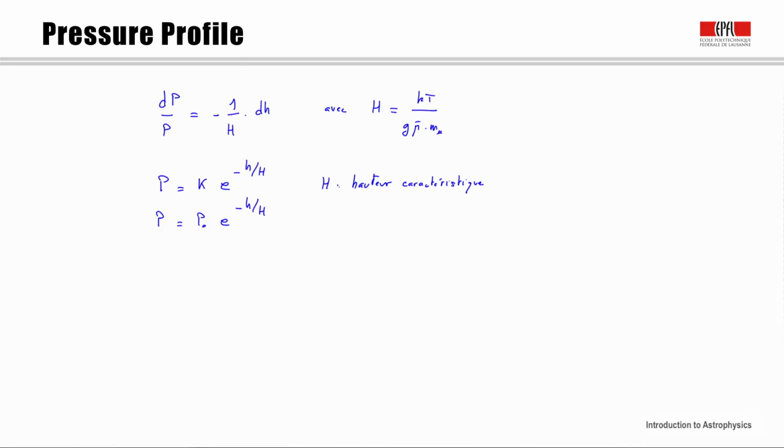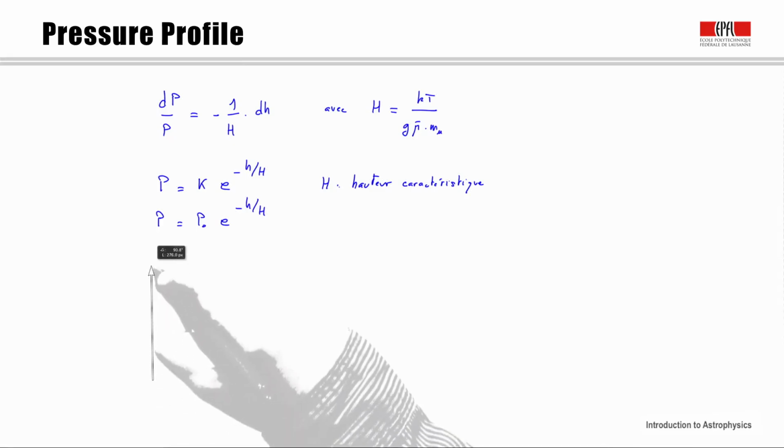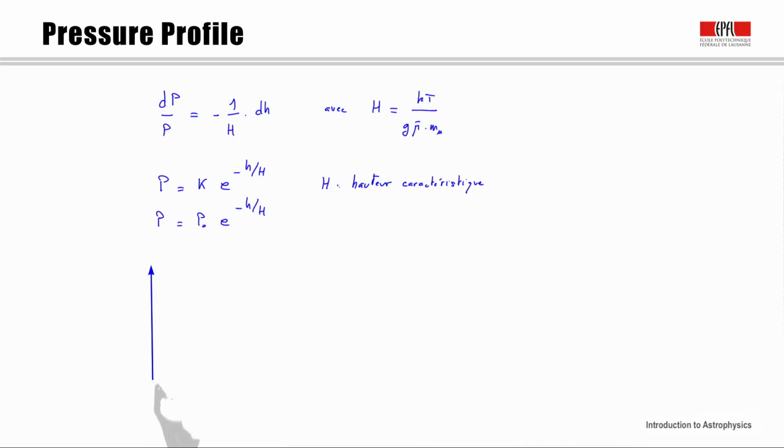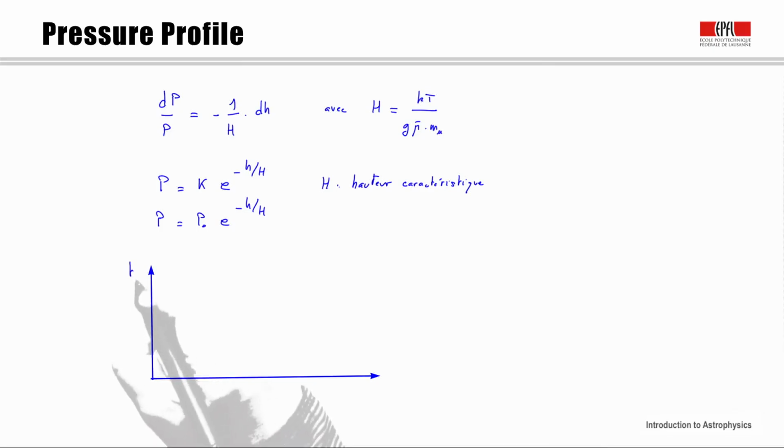Let us draw this relation on a figure. We can plot either the altitude as a function of the pressure or the other way around. We have here the altitude, h, and here is P. We are thus drawing the pressure profile.